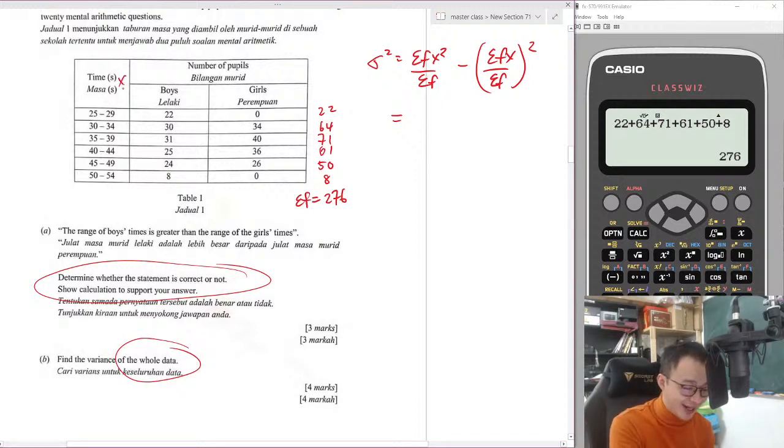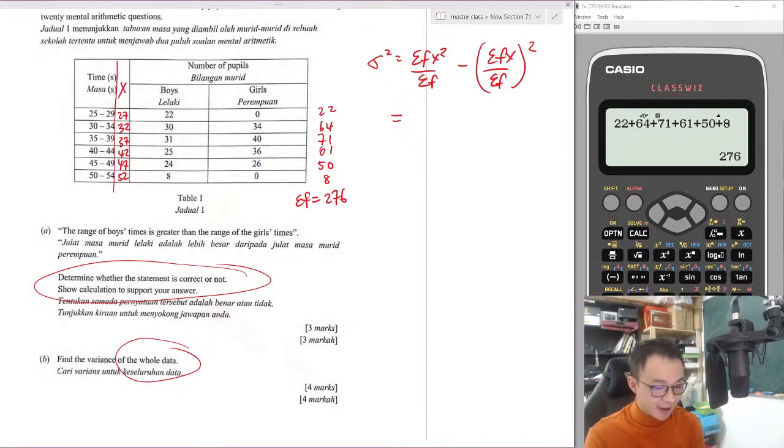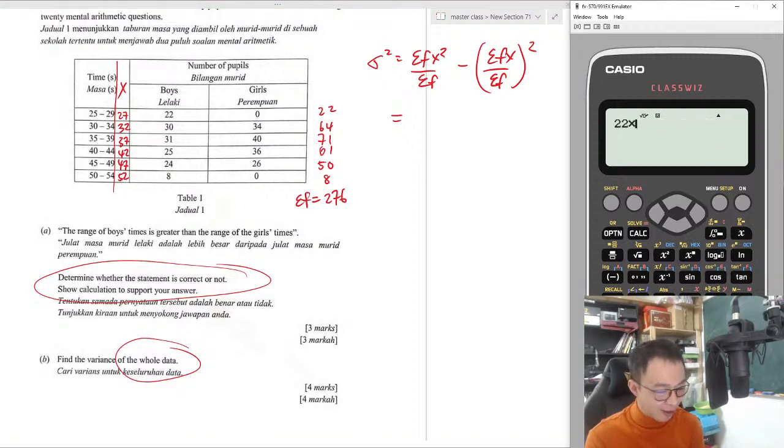Then if I want to find the sum of fx squared, I need to know my x values, which are 27, 32, 37, 42, 47, 52. Then I need to square them. So the frequency 22 multiplied by 27 squared. Of course in the exam you need to write it out; here I just type it for you.